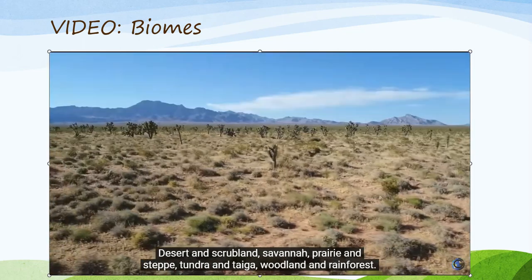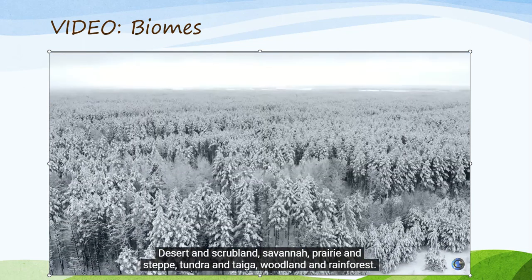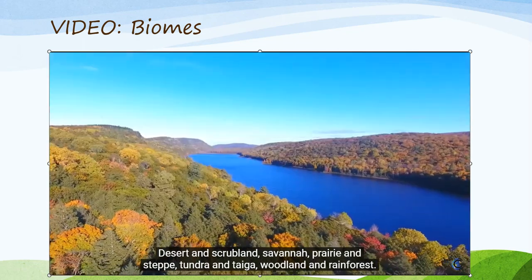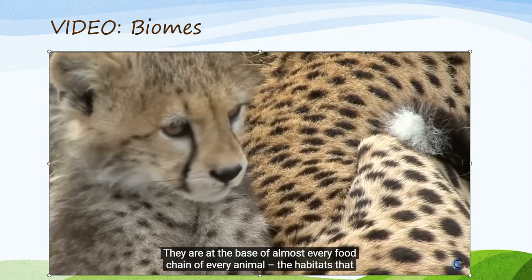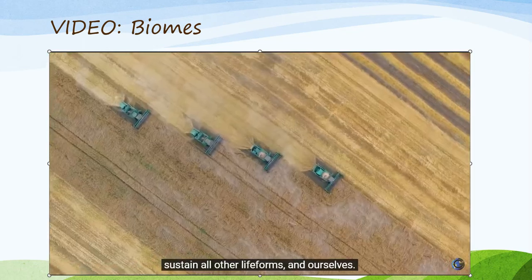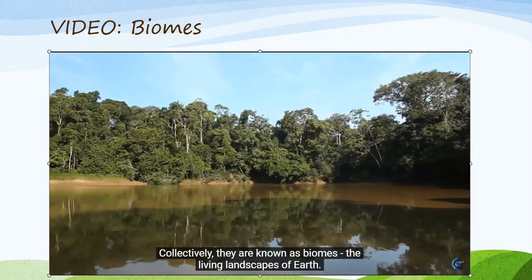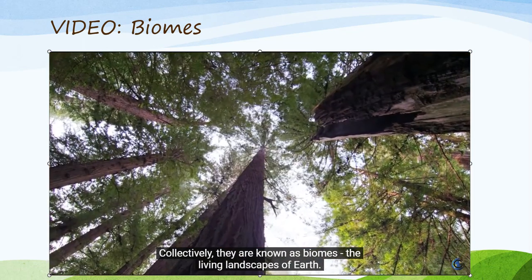Desert and scrubland, savanna, prairie and steppe, tundra and taiga, woodland and rainforest. They are at the base of almost every food chain of every animal, the habitats that sustain all other life forms and ourselves. Collectively, they are known as the biomes, the living landscapes of Earth.